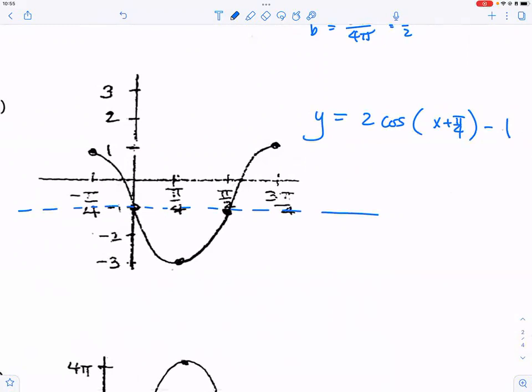What's the period? The period is from negative pi over 4 to 3 pi over 4. Period is pi.